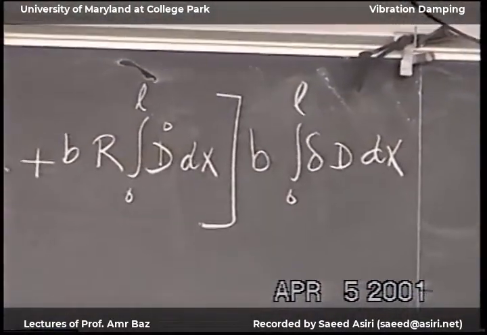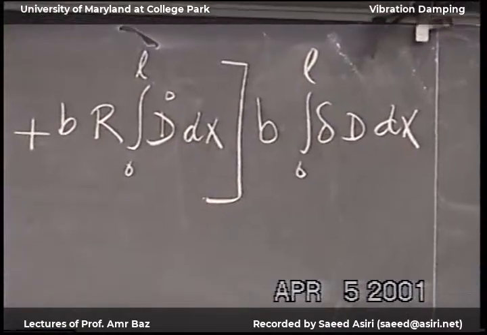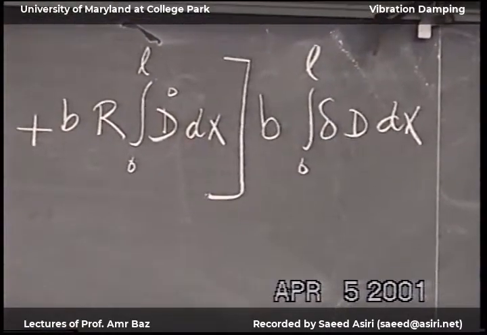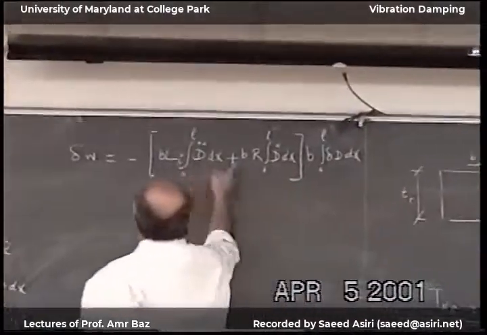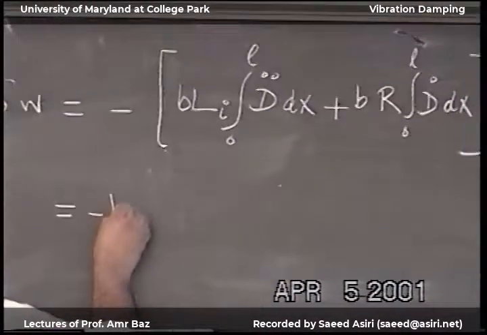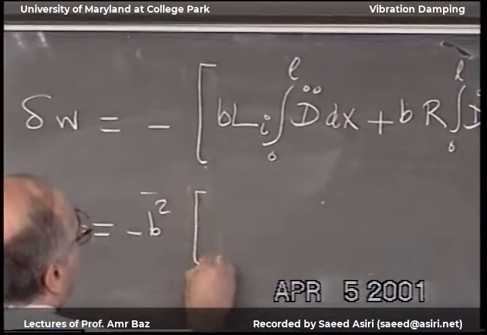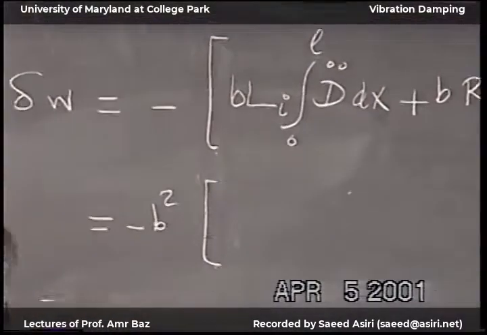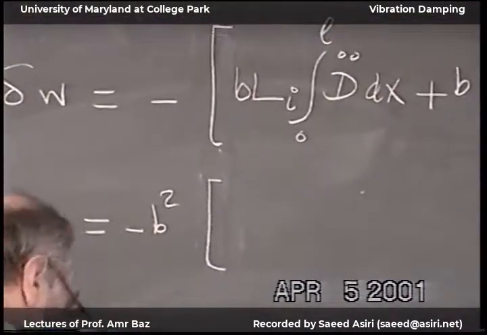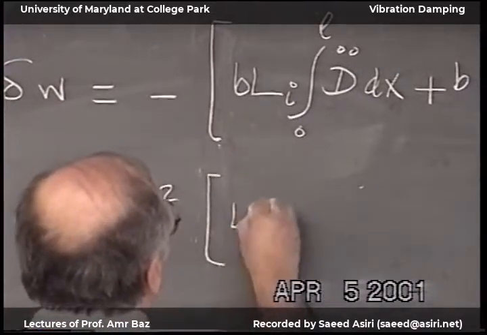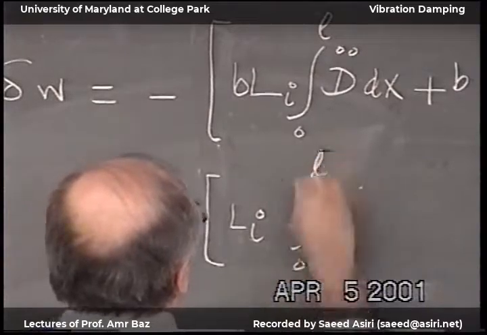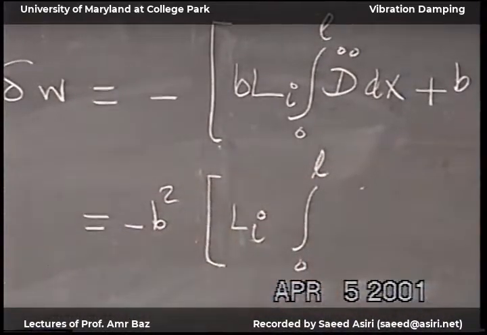Now we go back again to here. Replace each D by N2 delta. So now we have b squared out, and then we have L I integral.